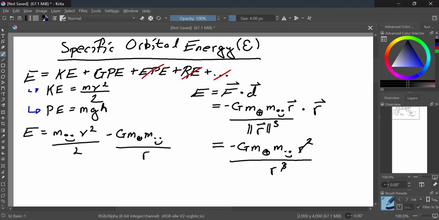And if you further remember from the specific angular momentum episode, this is mass specific. This is per unit mass of our satellite. So let's get rid of the satellite mass terms.